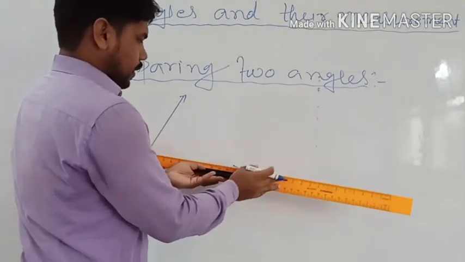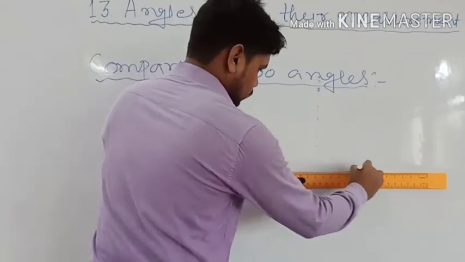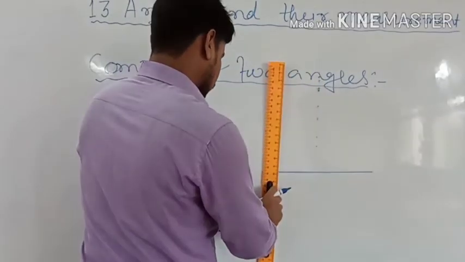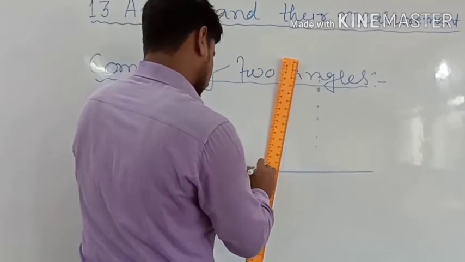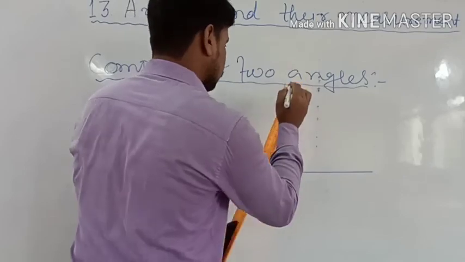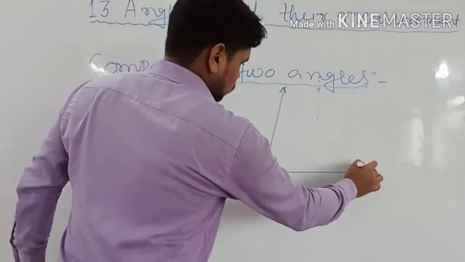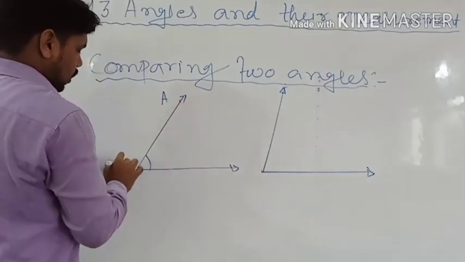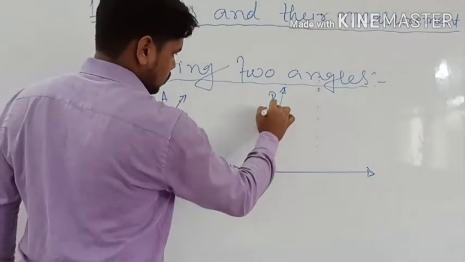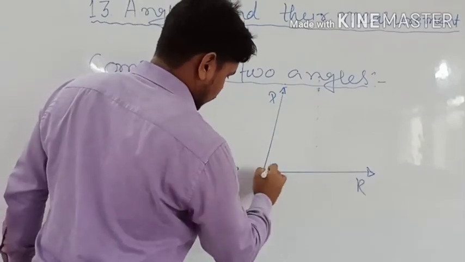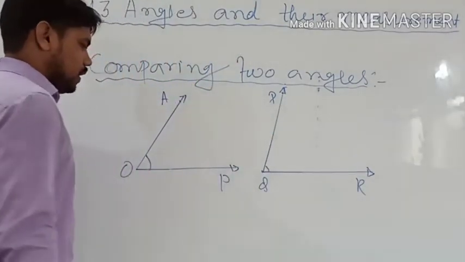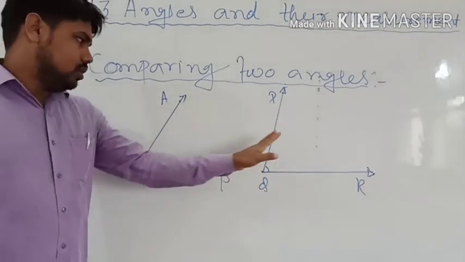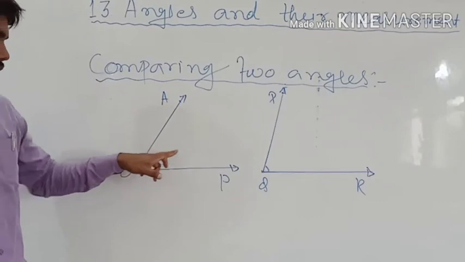And here I am drawing another angle. Suppose this is AOB, this is PQR. Here you can just look at the two angles and see that this is smaller than this.